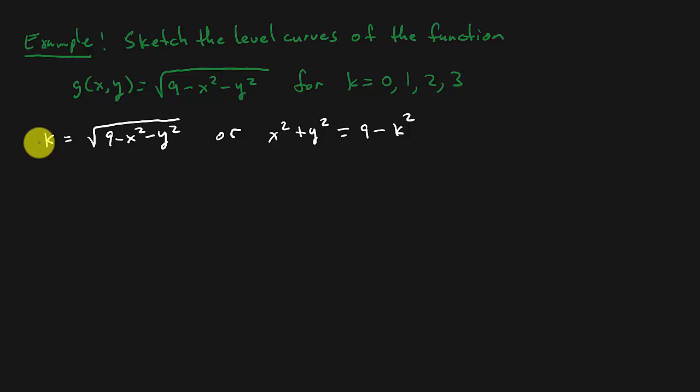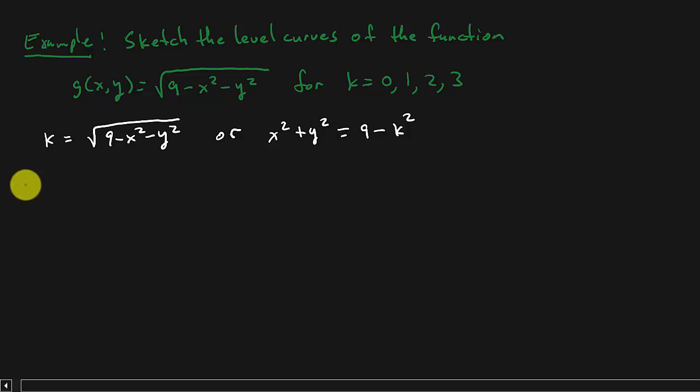All right. So let's see what we've got. We've got k equals 0, right? I'm going to start with k equals 0. So I'm going to plug 0 in. That's going to give me x squared plus y squared equals, plug 0 in, that's going to be 9. And that's just an equation of a circle with center 0, 0, and radius 3.